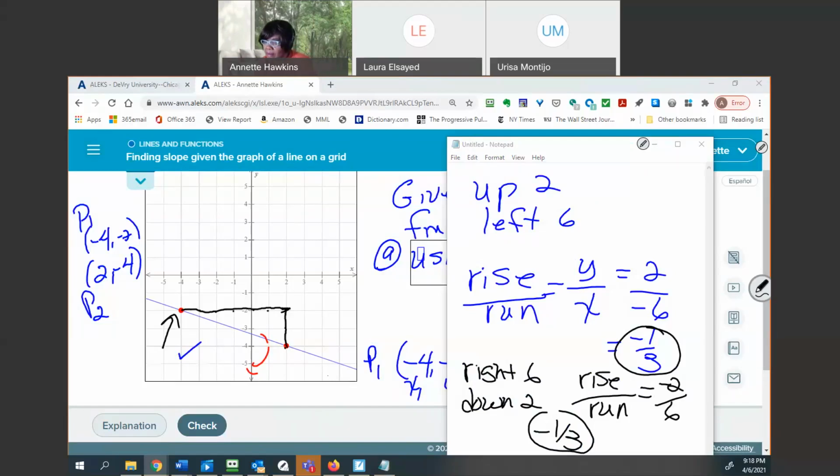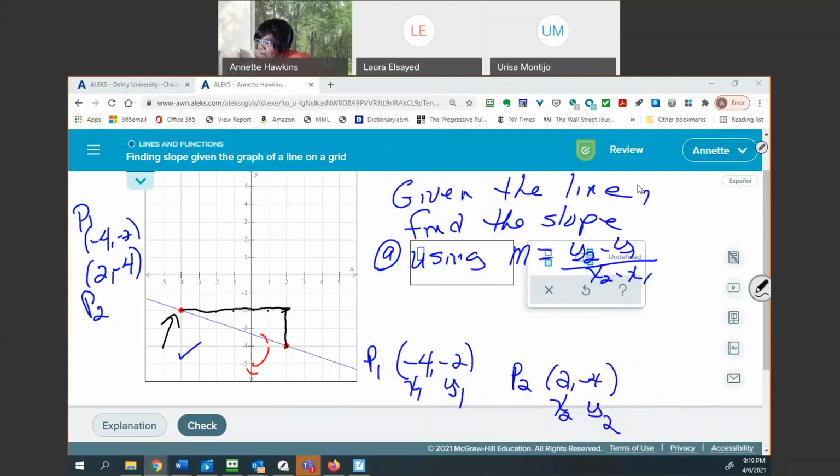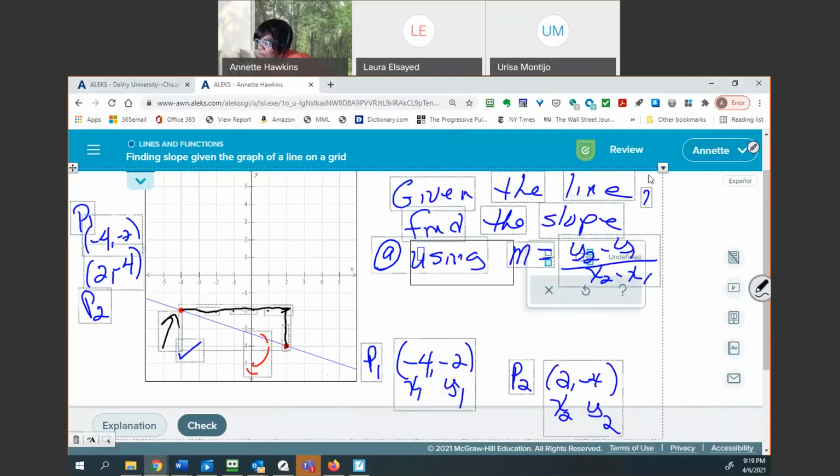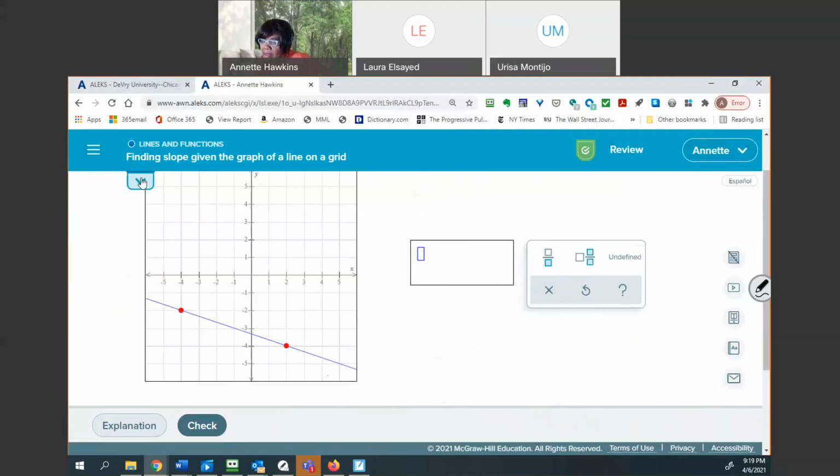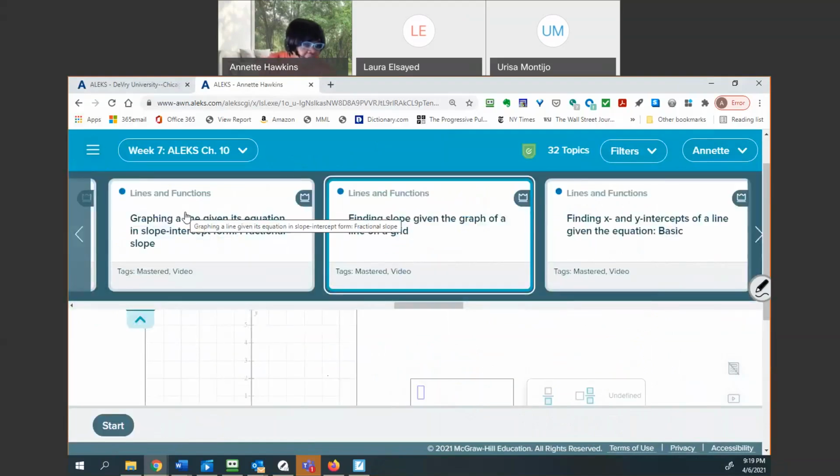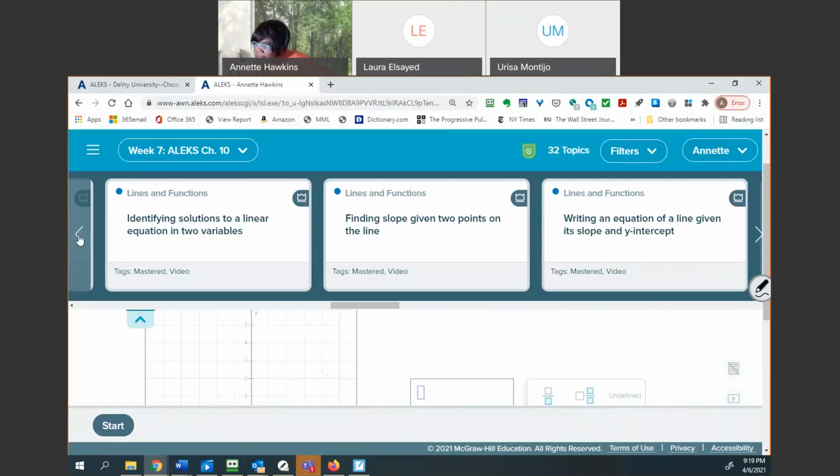Okay. All right, let me select all of this. So we want to find the slope given 2 points on the line. Let's see.